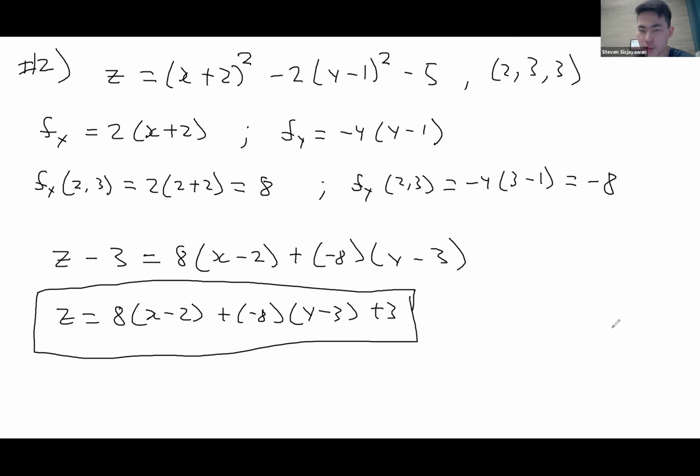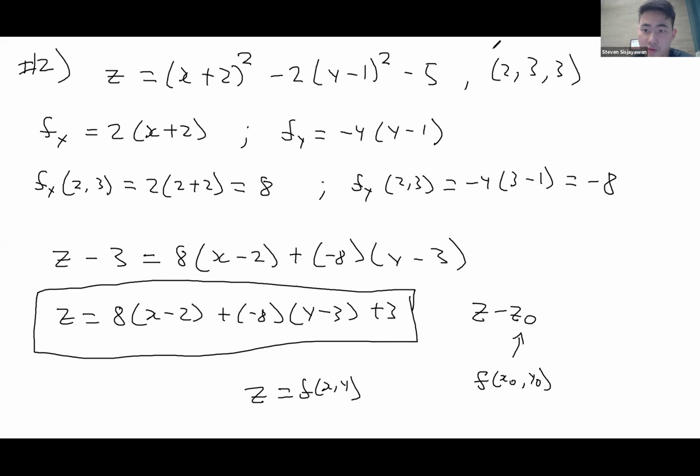Now, another thing to note is sometimes they write this equation down differently. Instead of z minus z naught, they can replace this with f of x naught comma y naught. And remember, z is basically f of x comma y.